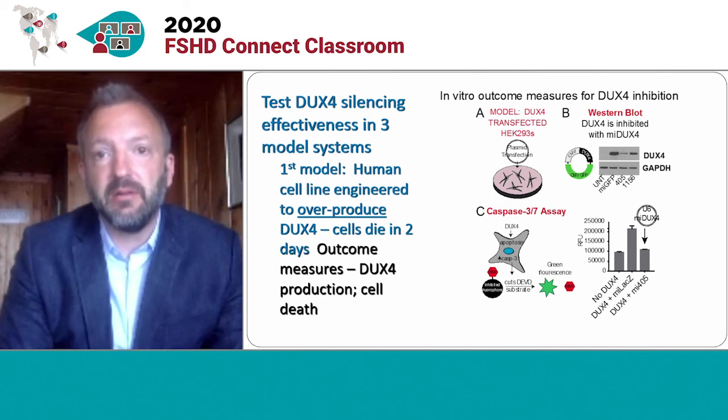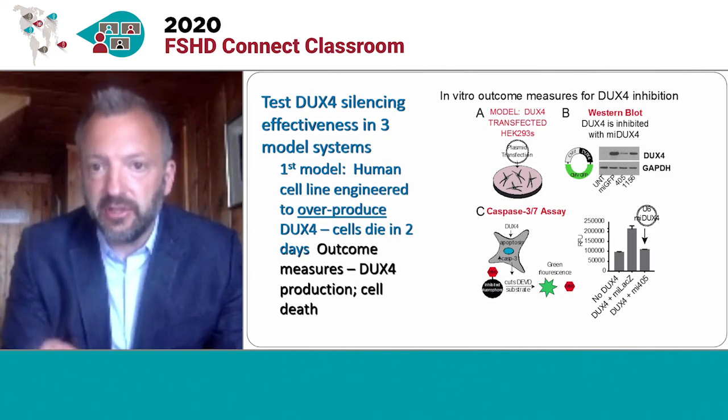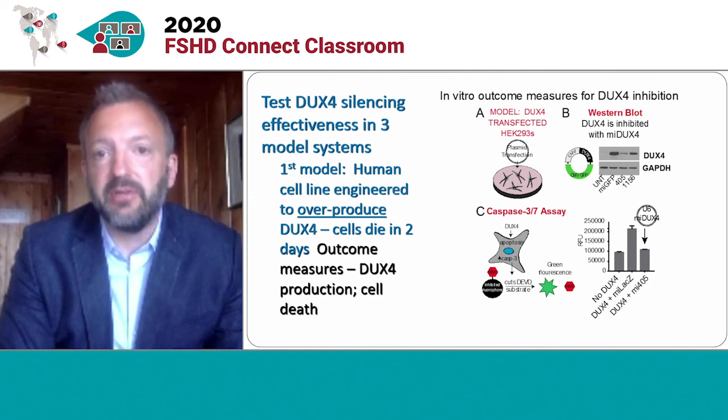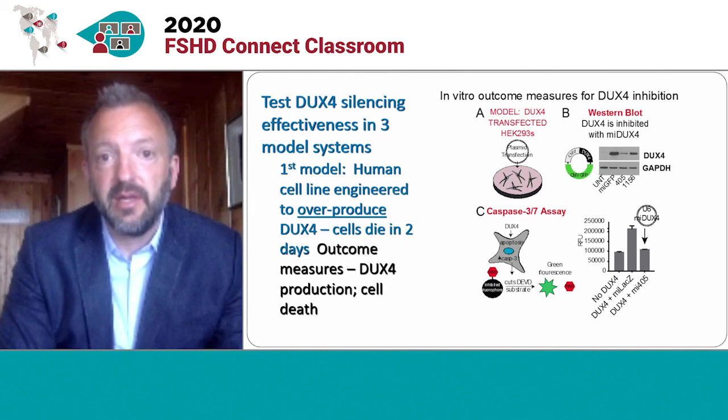So part B is what's called a Western blot, a way to detect DUX4 protein. And so the black band there is actually DUX4 protein. And what you can see is that that 405 sequence, our lead, compared to controls like the MIGFP, has significantly reduced DUX4 protein. So we're able to knock down DUX4 using our microRNA that targets DUX4.